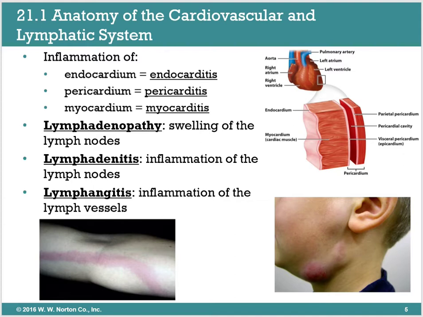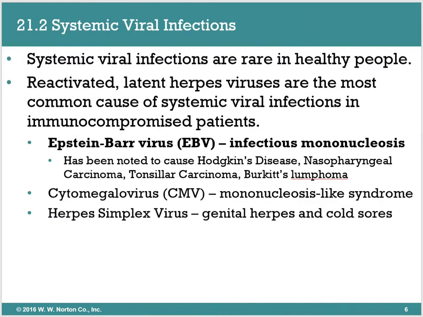Okay, so let's talk about systemic viral infections. So systemic viral infections, they're relatively rare in healthy people, but the more common one that we're going to discuss is reactivated latent herpes. So that's probably the most common cause of a systemic viral infection, but that primarily happens in immunocompromised patients. And then there is something called the EBV.